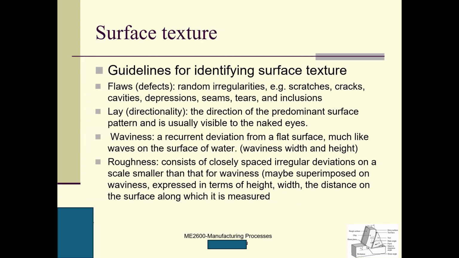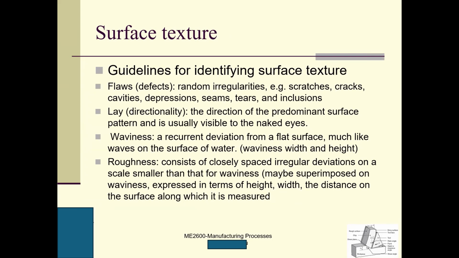The surface texture. So here are the guidelines for identifying surface texture. Okay? Texture means geometrical flaws, lay, waviness, and roughness. The flaws are called defects. These are random irregularities, especially scratches, cracks, cavities, depressions, seams and tears, and inclusions.